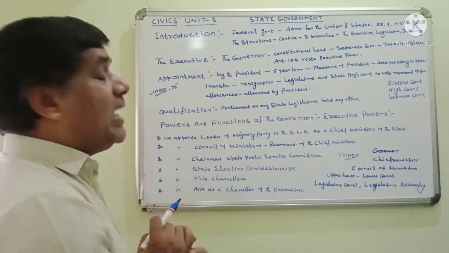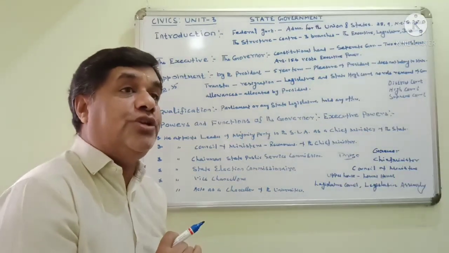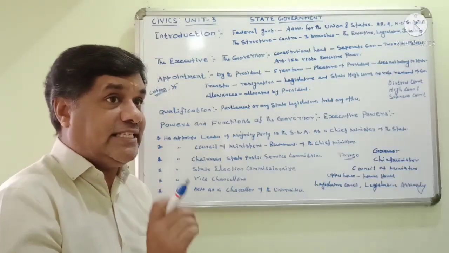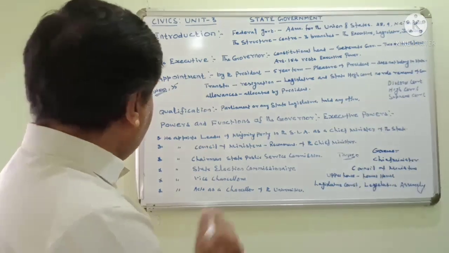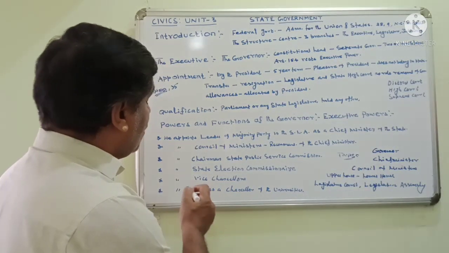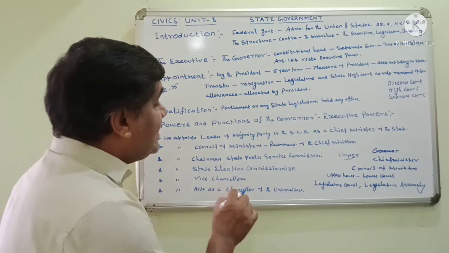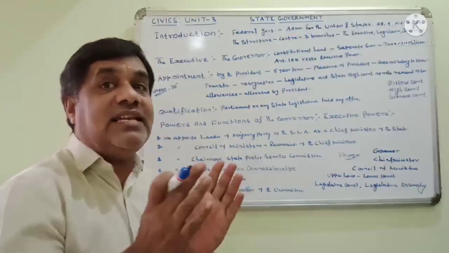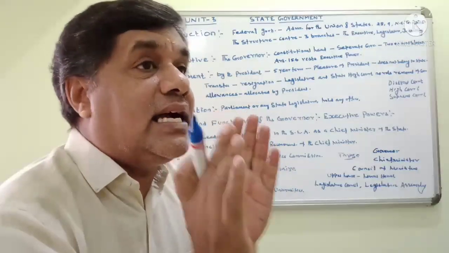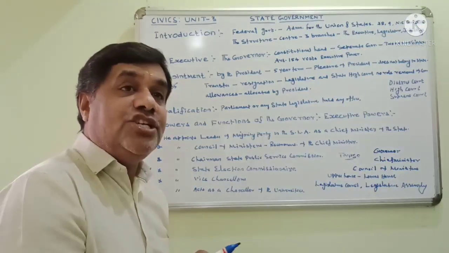He appoints the vice chancellor of the universities, and he acts as the chancellor of the university. Chancellor power goes only to the governor. Note it. Okay then, see you tomorrow, students.